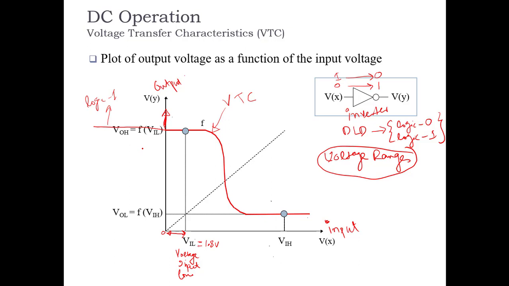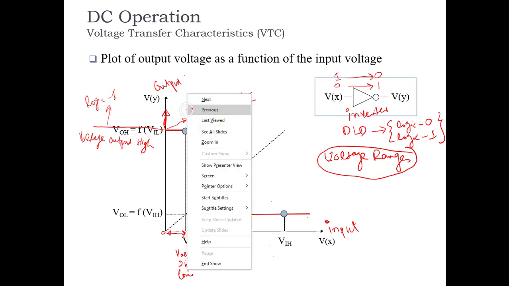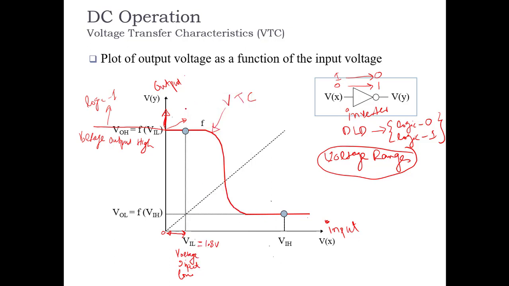The voltage produced by my NOT gate will be equal to or greater than VOH, and VOH stands for voltage output high. So this is the voltage that will be used for a high output. For example, I may say that VOH for my NOT gate is, let's say, 3.8 volts.